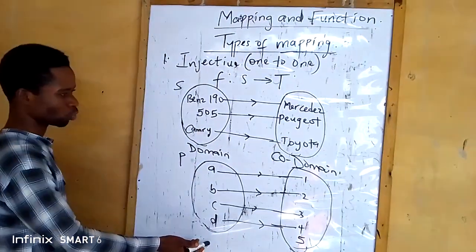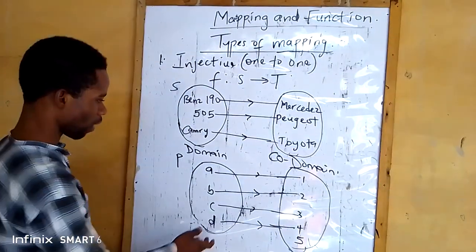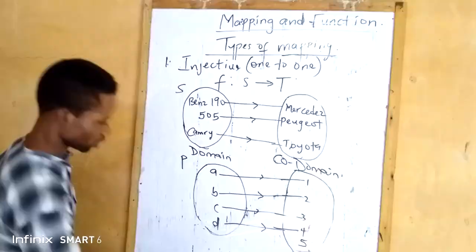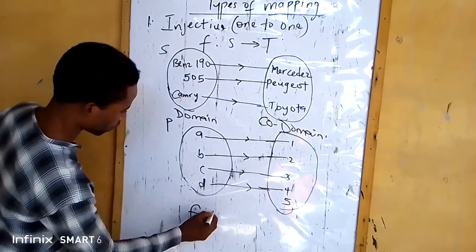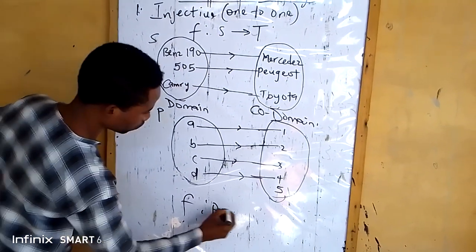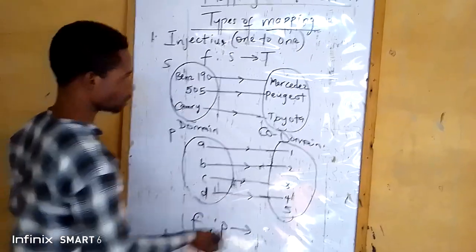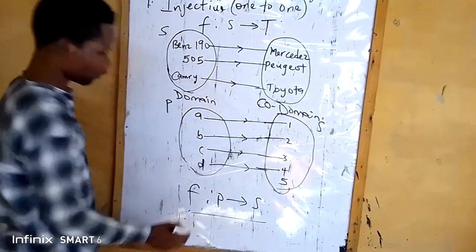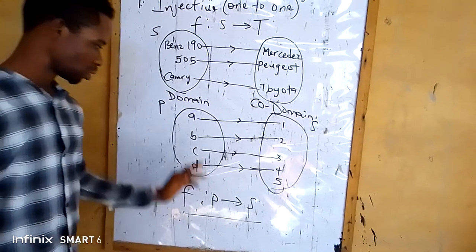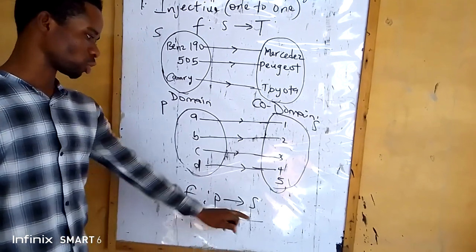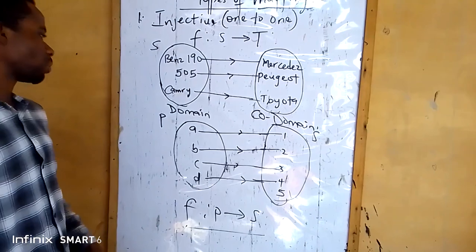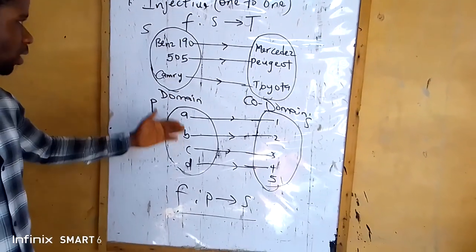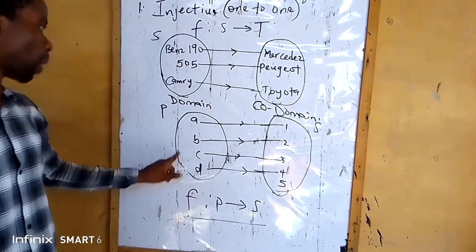Now, this one we see here is also injective. You can write it as a function such that P is in relation to X. What do I mean? If you look at this one, it's also injective, a one-to-one mapping.